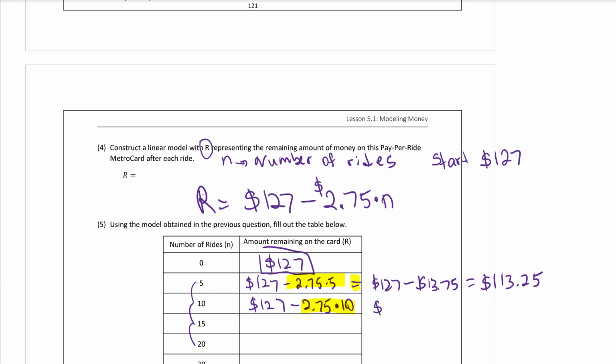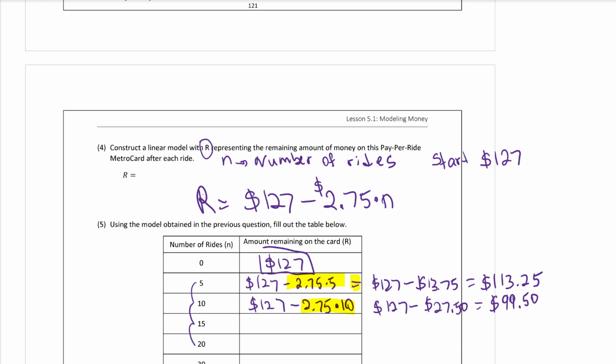If it's 10 rides, it will be 127 take away 27.50. All right, so it's 127 minus 27.50. That would be $99.50, and so on. So you first multiply by the number of rides, and then you subtract it from 127.